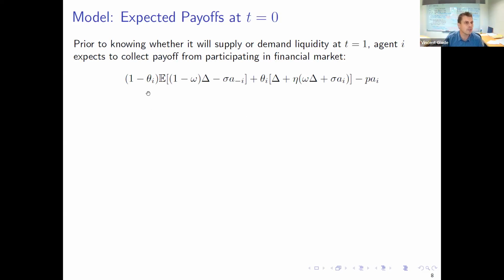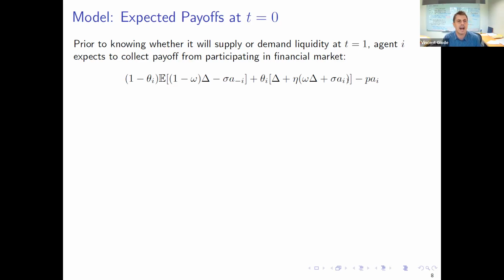So the first term here, you can see the pointer, right? So the first term here is the probability that I'm hit by a liquidity shock times the expected payoff from demanding liquidity. Here, this is the probability that I have enough liquidity. If I have enough liquidity, then I retain my surplus because I don't need to trade my own position.